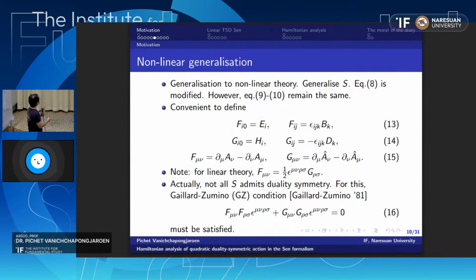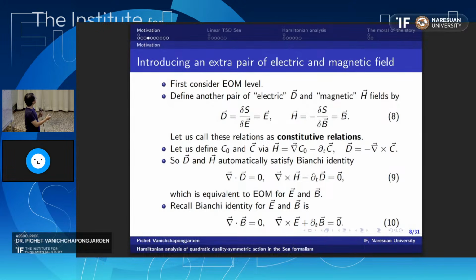So in order to do the nonlinear generalization, we need the constitutive relation to still satisfy the Gaillard-Zumino condition.